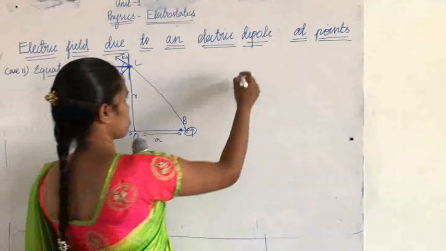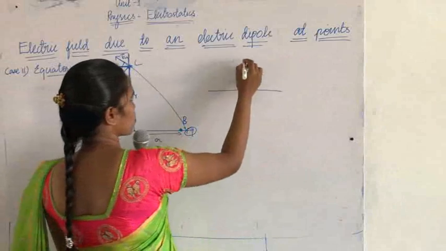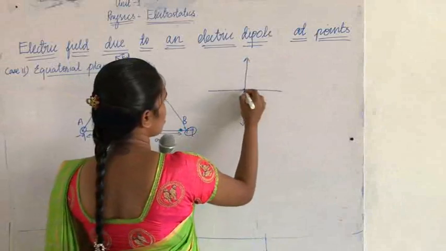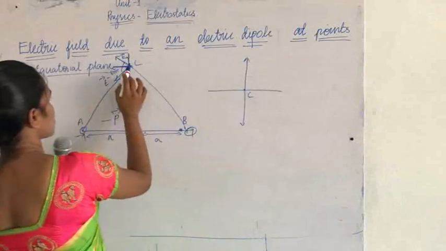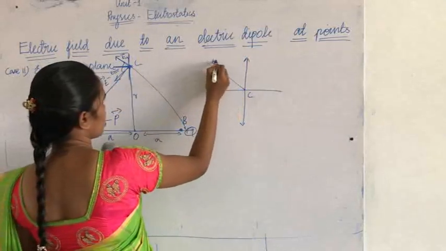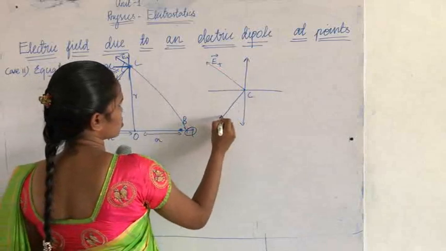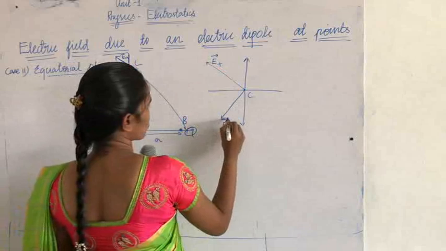Here in the form of a graph, this is the point C. This is the E plus vector. This is the E minus vector.